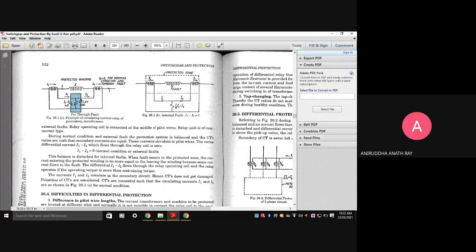Again, the vector differential current I1 minus I2, which flows through the relay coil, is zero.